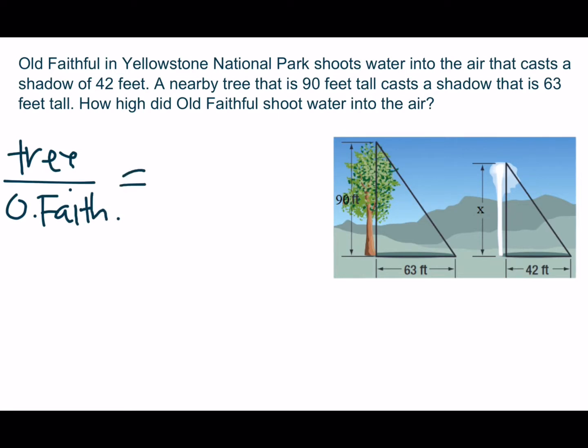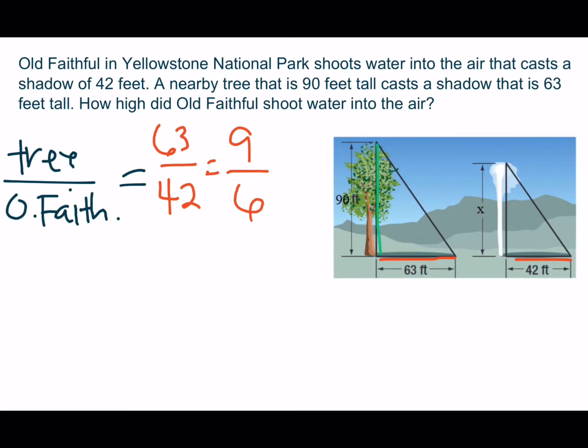Okay. And then their corresponding components. So you have their shadows. All right. So the shadow of the tree is 63 feet. The shadow of Old Faithful is 42. Again, simplify your fraction so it's easier to solve. 7 goes into both of these. That would be 9/6. Right? And then now look at their heights.